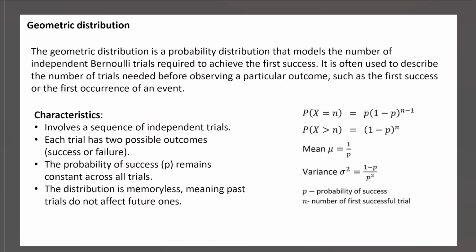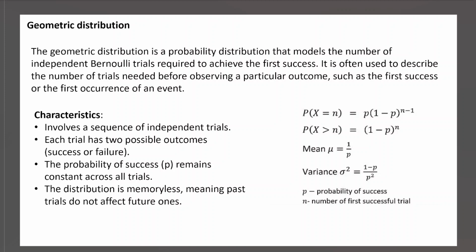Clearing means the first success. Those kinds of problems can be solved using the geometric distribution. It is often used to describe the number of trials needed before observing a particular outcome, which is useful in experimental hypotheses where we try to achieve something.